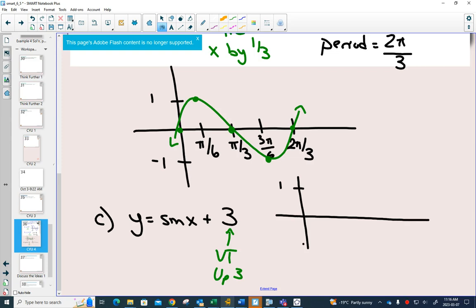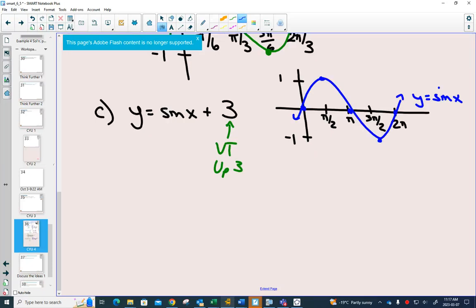Your regular sine graph has a max of 1, a min of -1, a period of 2 pi split into 4 equal sections, which is just your axes family. Sine graph starts in the middle going up. So just for a visual, there's our sine graph. And what we need to do is shift this up 3 units. It's not very hard to do.